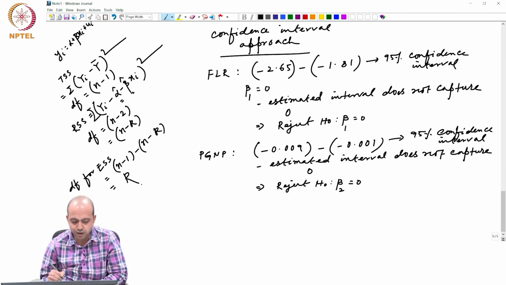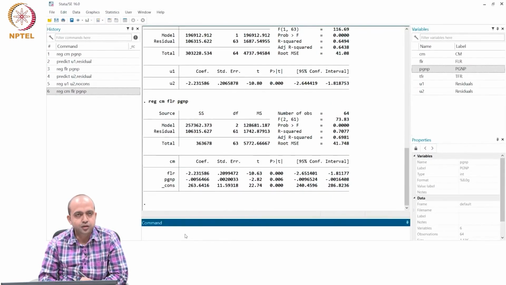So in this model we have 3 parameters to be estimated: alpha, beta and this constant term.